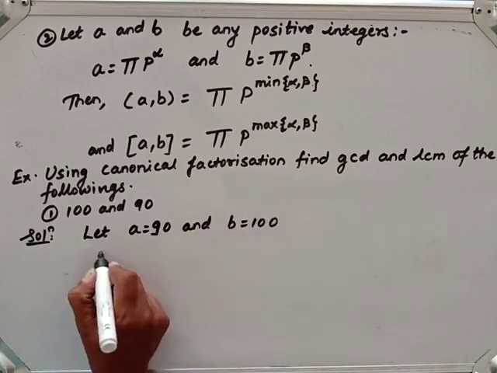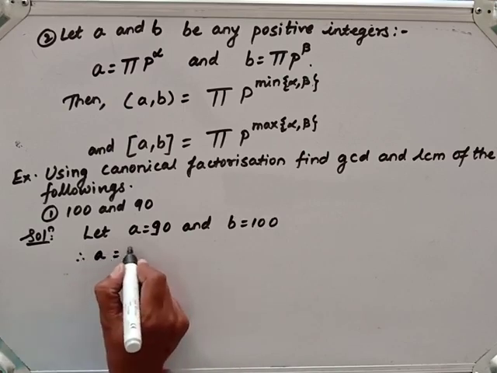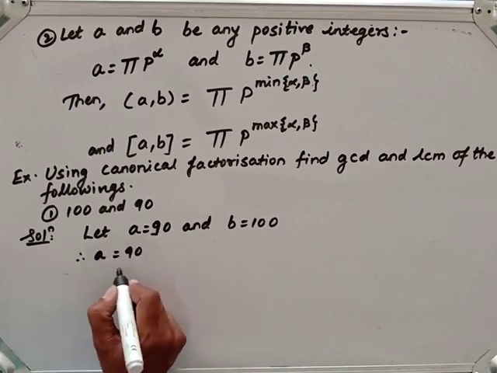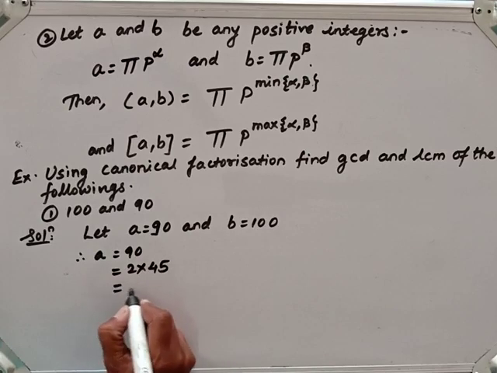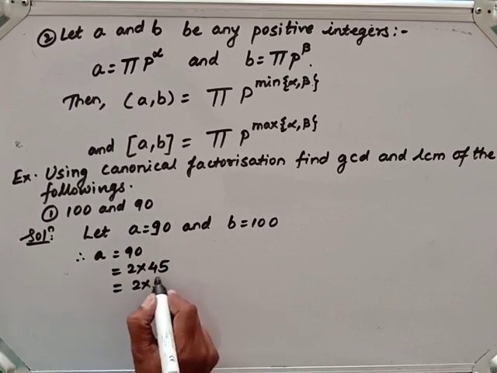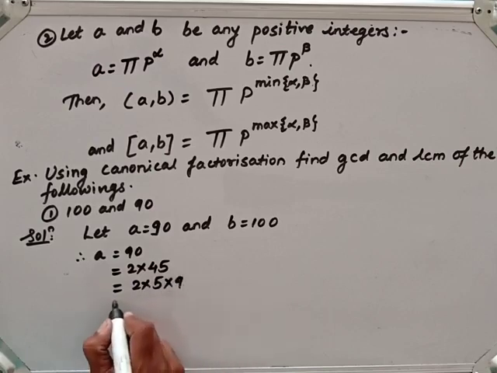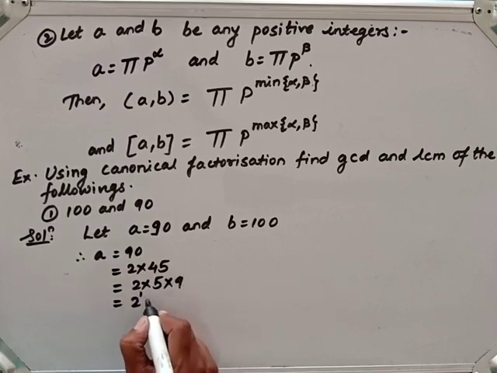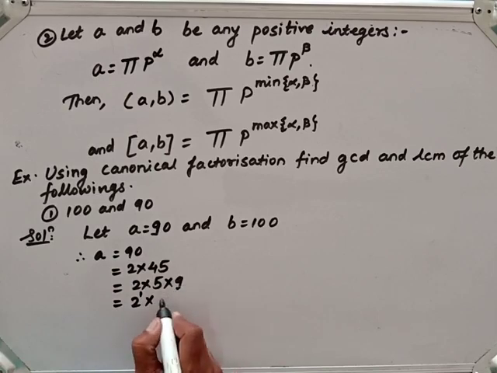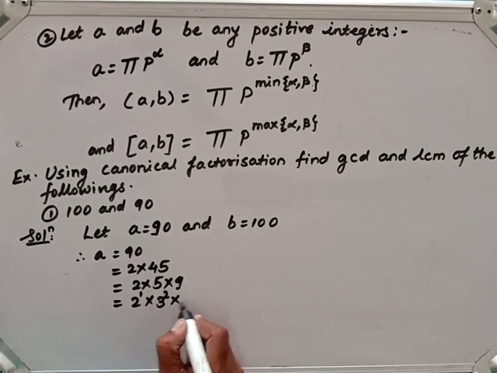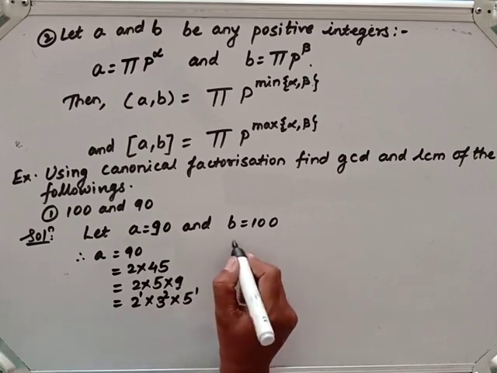So now A is equal to 90. You know this is 2 into 45, that is 2 into 5 into 9, that is 2 raised to 1. This 9 can be written as 3 square, into 5 raised to 1.